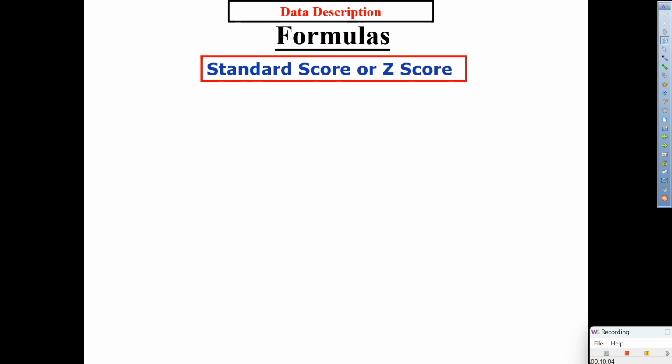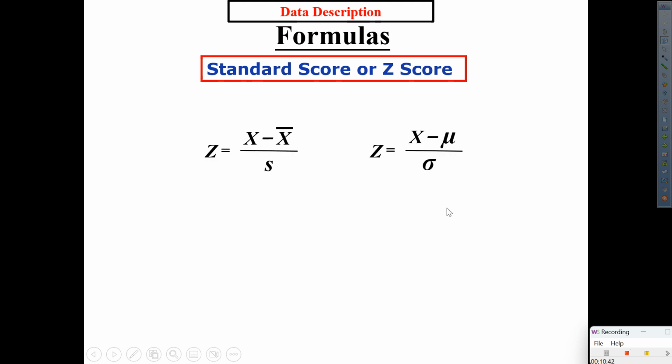Does that make sense? That's why I keep going back to the formulas, and I'm pretty sure you guys are experts at that by now. So here are the two formulas for today. Ready? First one, z equals x minus x bar over s. And the other one is z equals x minus mu over sigma.